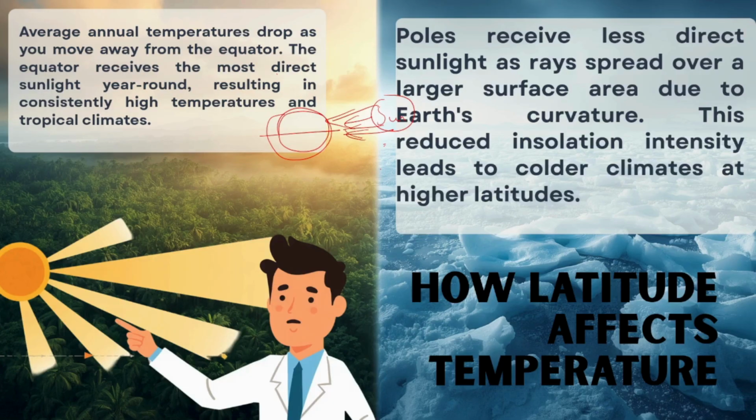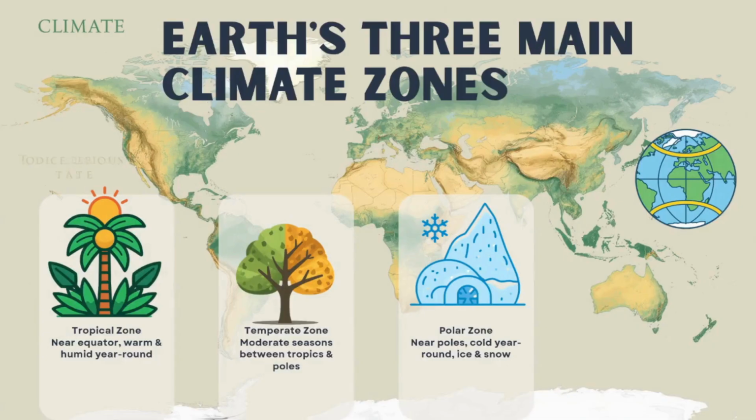In contrast, the polar regions receive sunlight at a lower angle. In the North Pole and the South Pole, it receives less sunlight, because the energy is spread over a large area, making it much cooler.